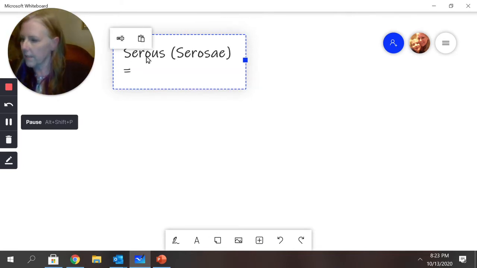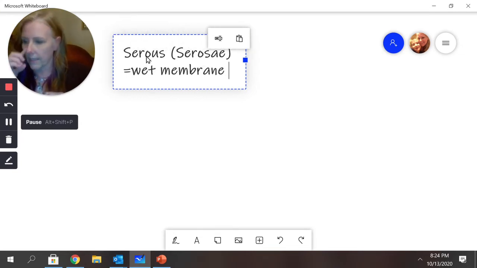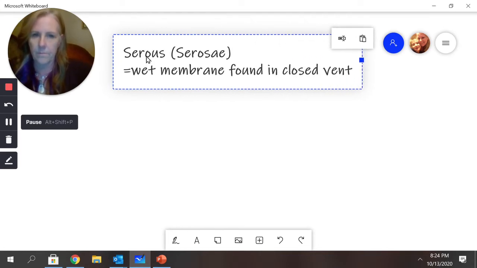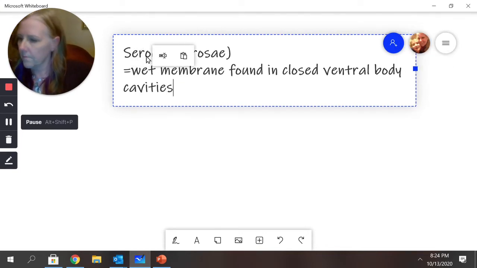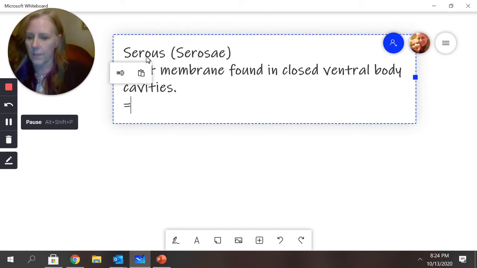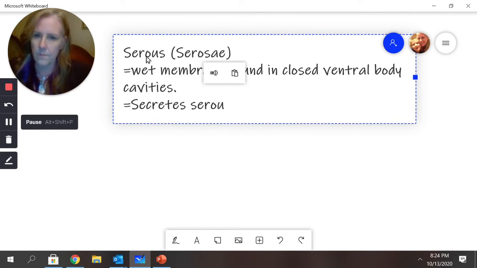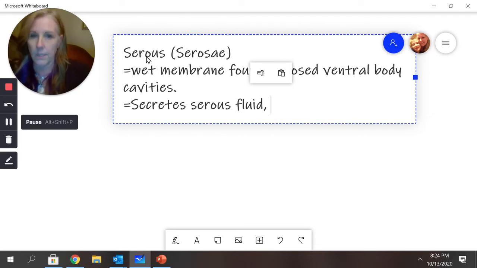A little bit about this type of membrane: it is a wet membrane, and it is found in closed ventral body cavities. What does it do? It secretes serous fluid. The major function of serous fluid is lubrication.